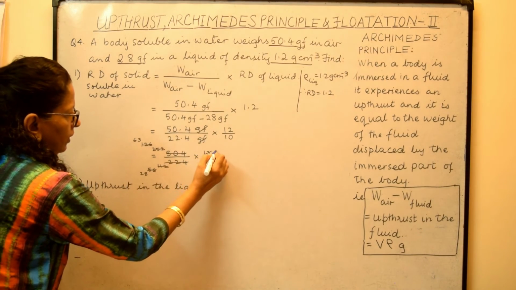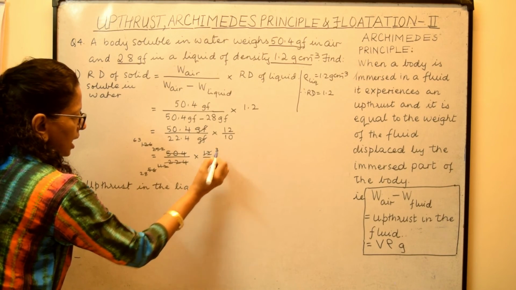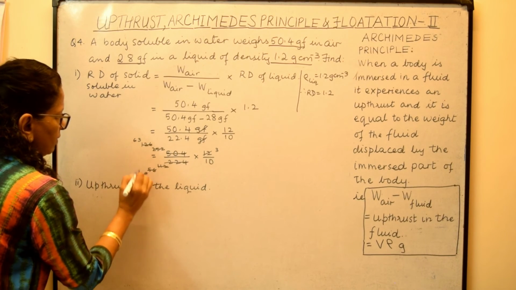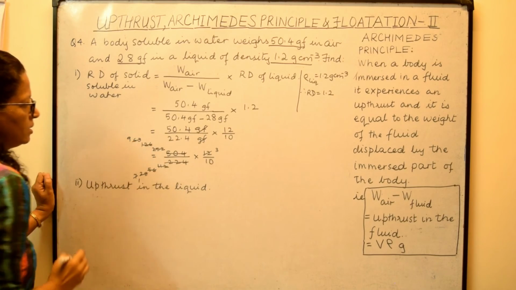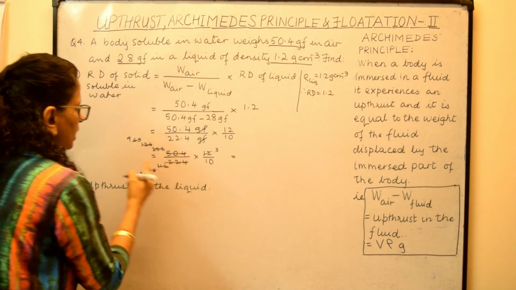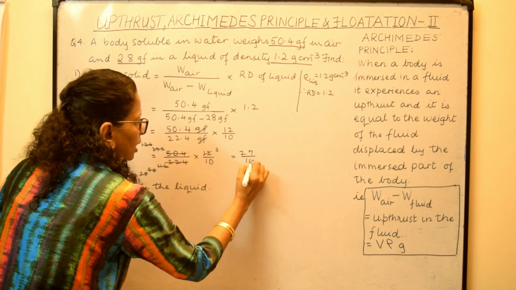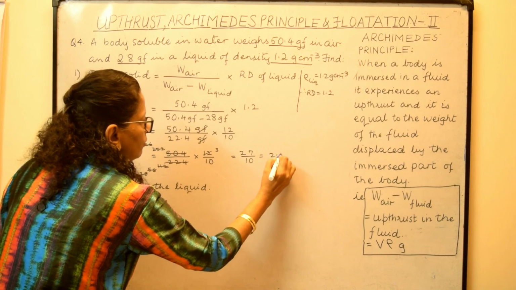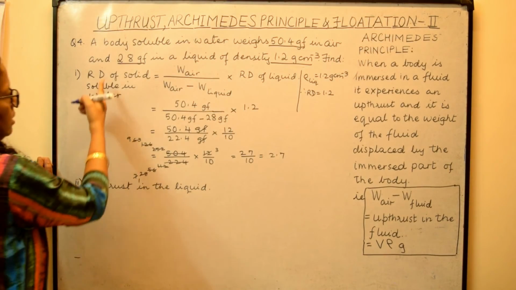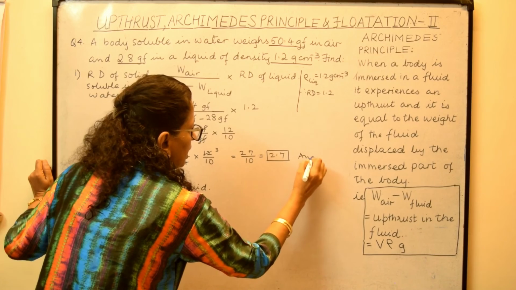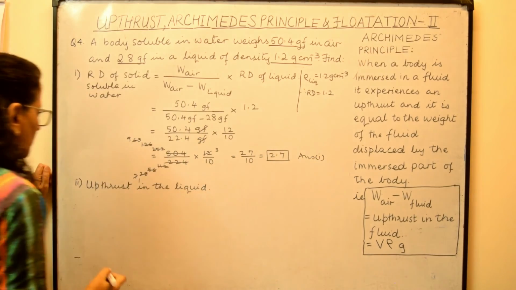Now 4 will go here 3 times, 4 will go here 7 times, 7 ones and 7 nines. So you see in the numerator you have 9 into 3, that is 27, and that upon 10. So we have 2.7 as the relative density of solid, and that becomes your answer 1.